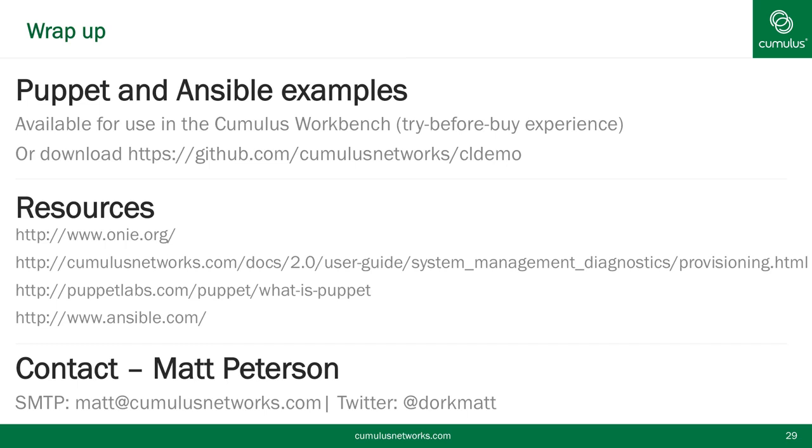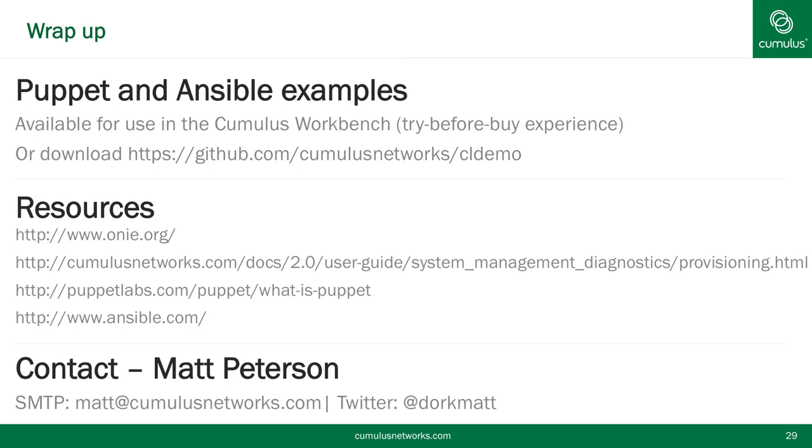One of them is downloading the examples I showed today on GitHub, and those are available. We've packaged those up as Debian apt-get packages. The reason we do that is because our customer workbench environment, which we call the Cumulus workbench, is based off of both Ubuntu and Debian hosts. When we demonstrate these technologies to customers, we provide a bounce host or a management host, and we do a simple apt-get run, and that installs Puppet or Ansible and various topologies and configurations.